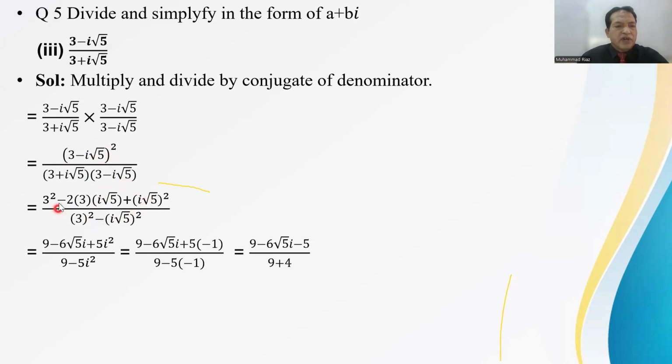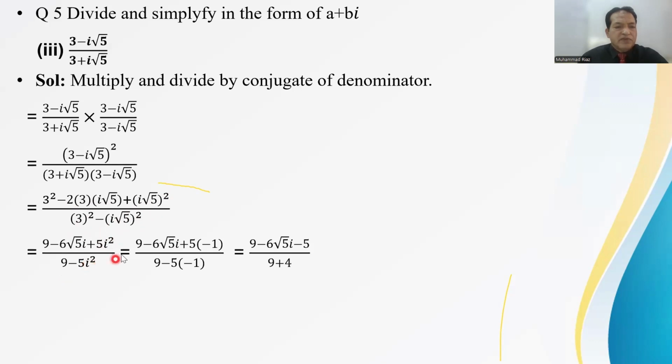Now we will simplify. 3 square is equal to 9. 2 threes are 6 multiplied by under root 5 iota, so we get minus 6 under root 5 iota, plus iota under root 5 whole square is equal to 5 iota square, since the square cancels with the square root.